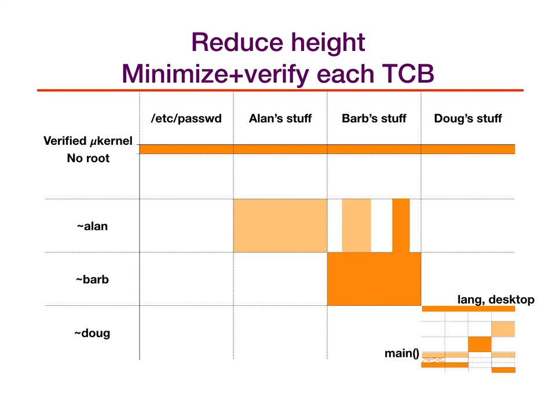So, having reduced that, what remains? What are the solid orange boxes that remain? Well, those are legacy. So Alan and Doug, let's say, are both running CapDesk, but Barb is running some legacy operating system and just operating in the normal way. So within the Barb box, there's once again no reduced vulnerability.